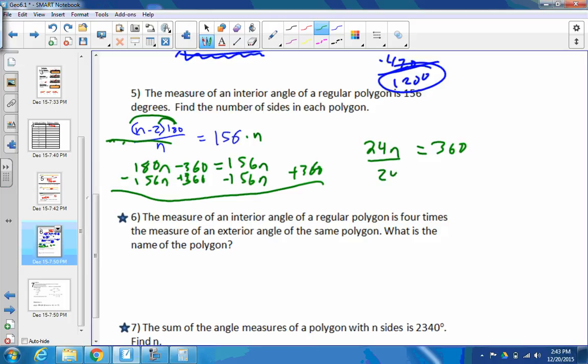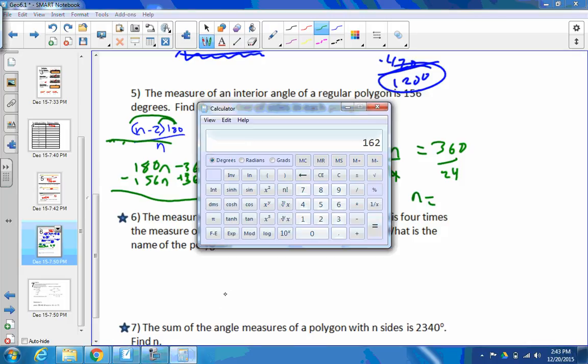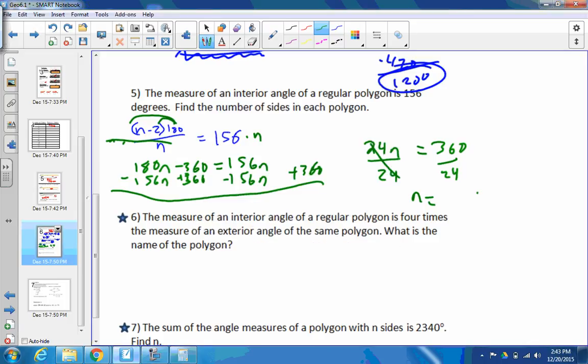Divide both sides by 24, and n equals 360 divided by 24, which equals 15. So 15 sides here. So find the number of sides in this polygon, and it would be 15 sides.